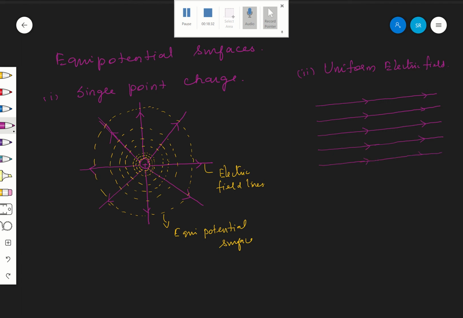Now how to draw the equipotential surface for that? Let me take a yellow color. See here, the equipotential lines are like that. This is one equipotential surface.